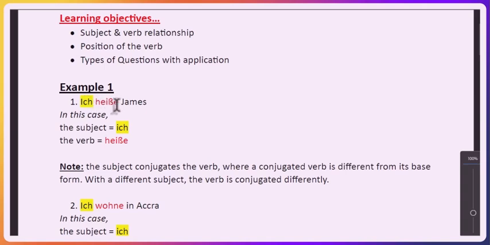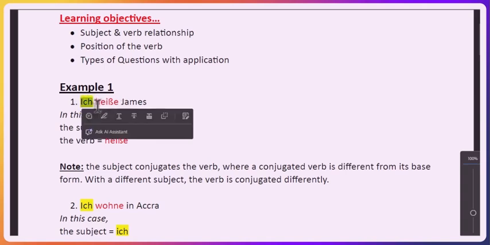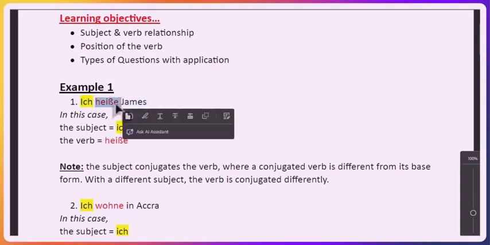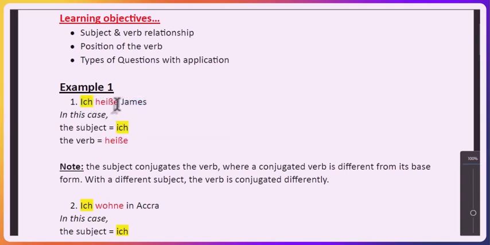In this sentence, Ich means I, and heiße means I am, or my name is. But I am is the most commonly used. If you want to say my name is, you can use my name.